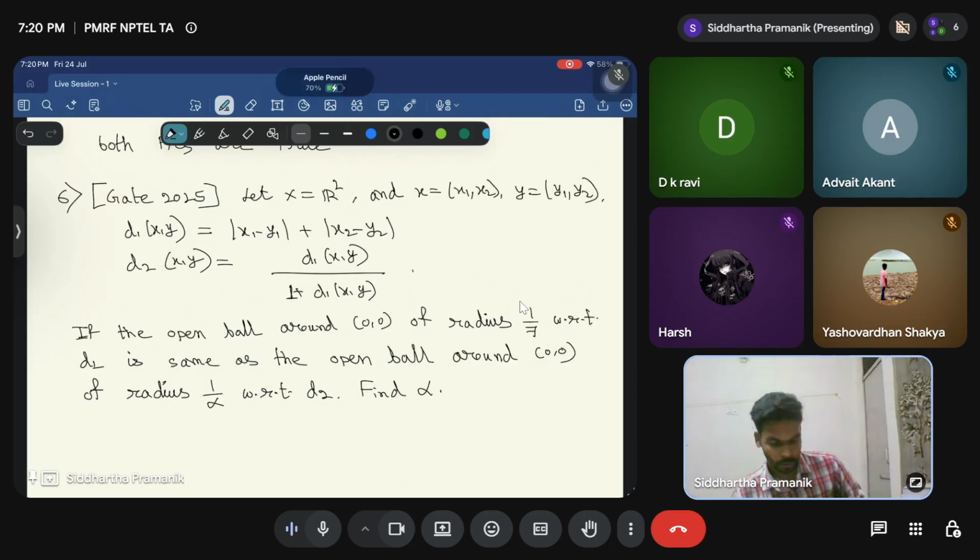Okay, so here the set is R2 and we have defined two metrics on R2.